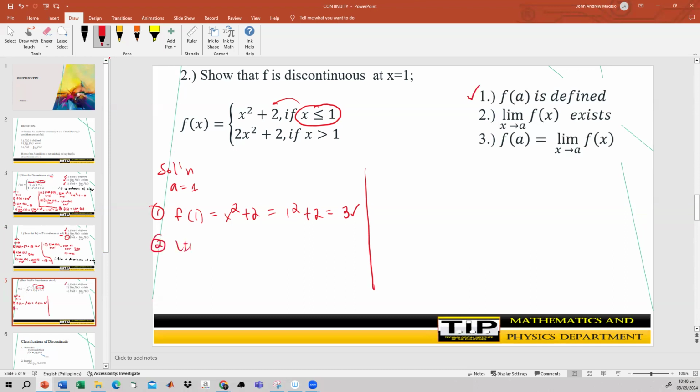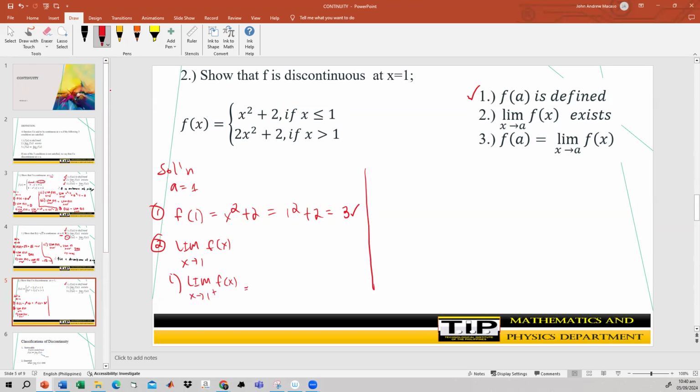We'll check if the limit of f of x as x approaches 1 exists as well. But before that, you need to check the right side limit. For the right side limit, you need to define the limit of f of x as x approaches 1 from the right.